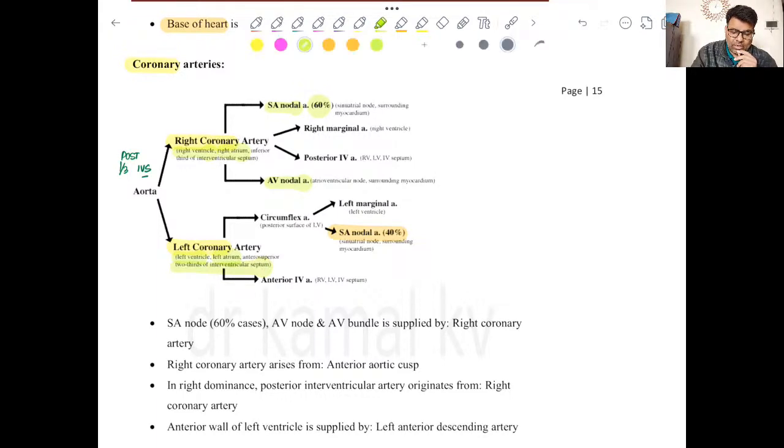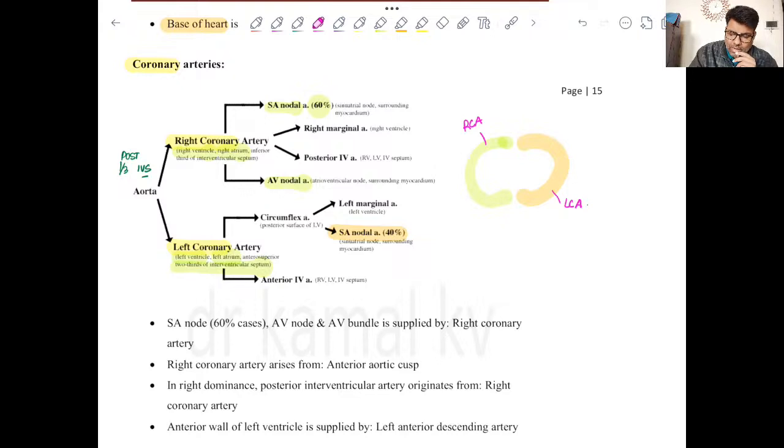Now if we discuss, like say this is the right side of the heart, okay, so this is all right coronary artery. Then say this is the left side of the heart, this is all left coronary artery.